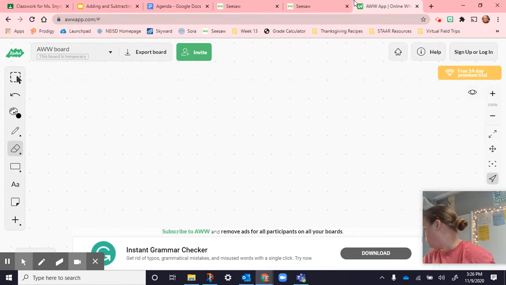So let me open one of the word problems I wanted to talk about. 208. All right, so on number 16, it says the distance from Jeff's house to his uncle's house is 12.58 miles.